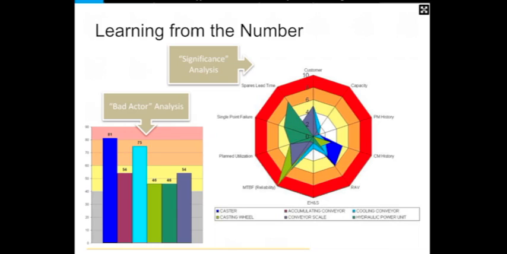But some assets may be critical, not because they should be incorporated in a PM program, but critical because of how they impact the business when a nonconformance occurs. So if we look in the radar chart, we're going to see that you've got different lines. If you look at the casting wheel, which is kind of a light green color, we can see that it's significant because of its mean time between failures, how often a nonconformance occurs.